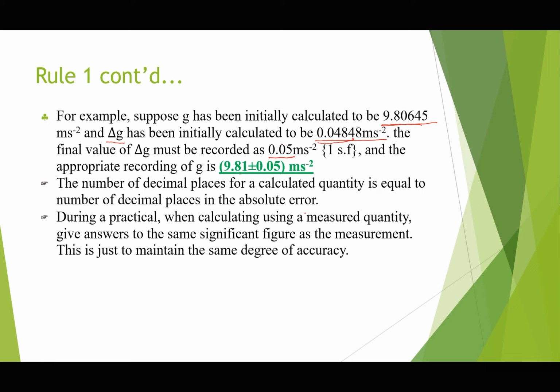Of course, this last point is talking about what happens during practicals. We shall be calculating many quantities. For example, you'll find t, time for 10 oscillations, you find t, time for 1 oscillation, and then maybe you may find t squared and so on, t cubed or 1 over t and so on and so forth.